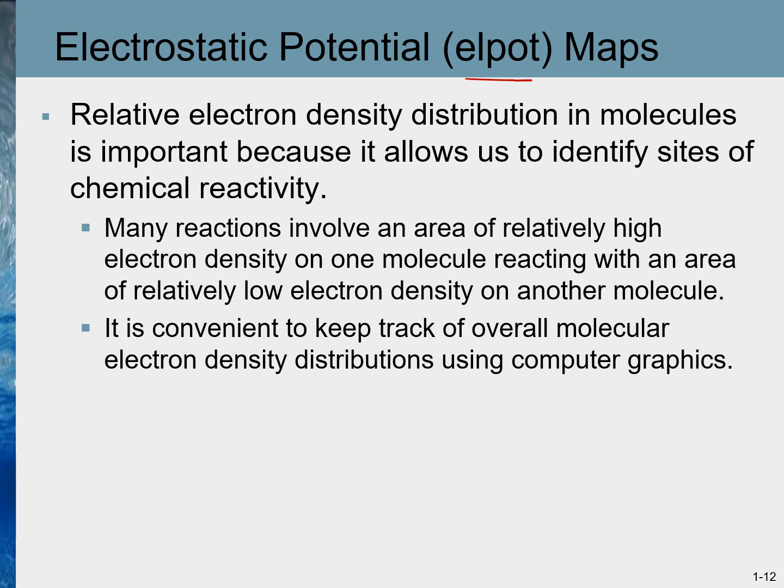These elpot maps help us to identify sites of chemical reactivity because they can predict which site has a negative charge density, or in other words high electron density, and which site has a positive charge density, or in other words low electron density.